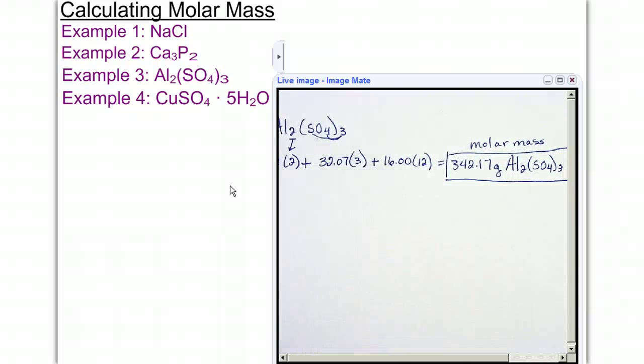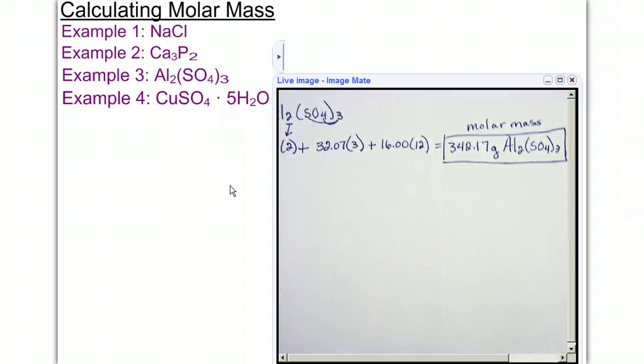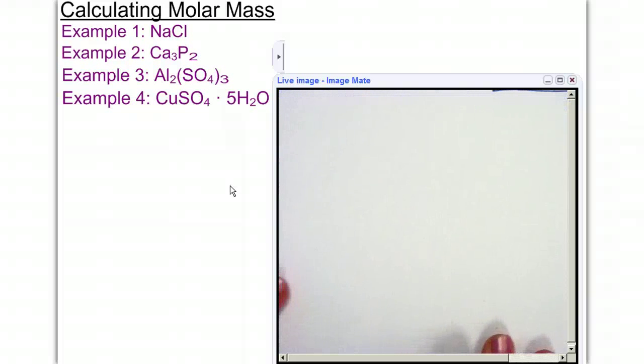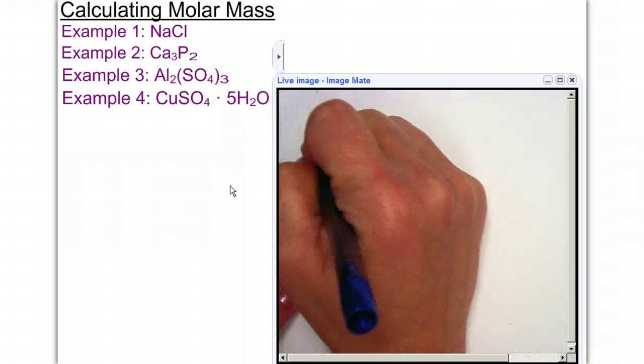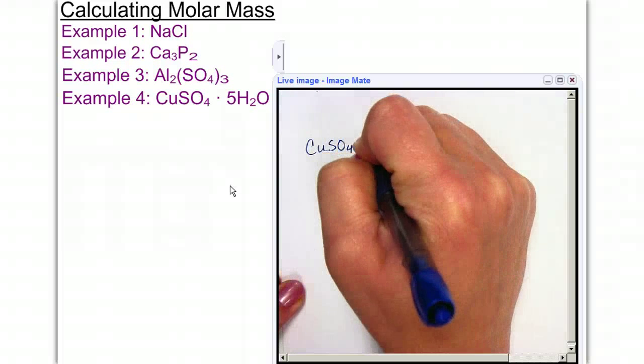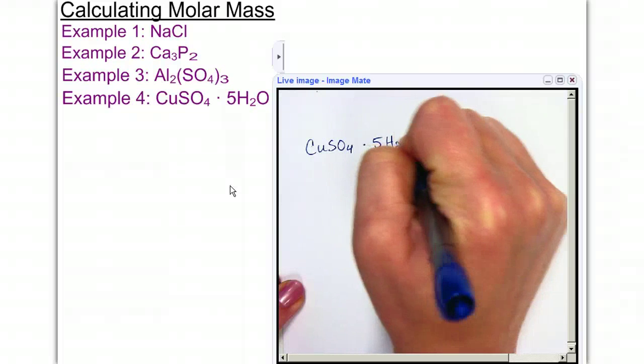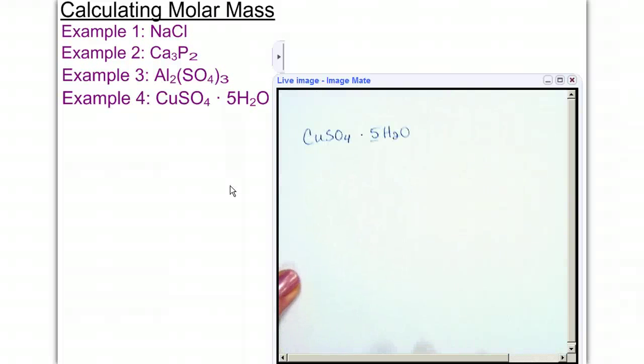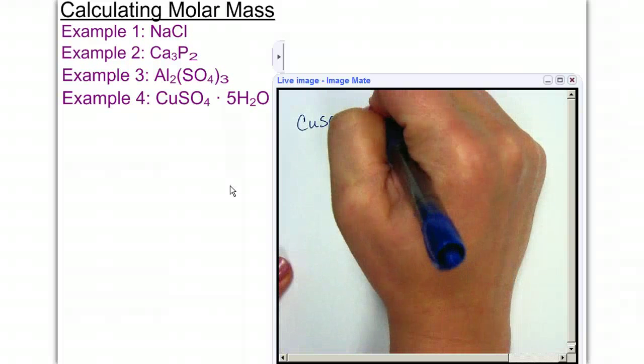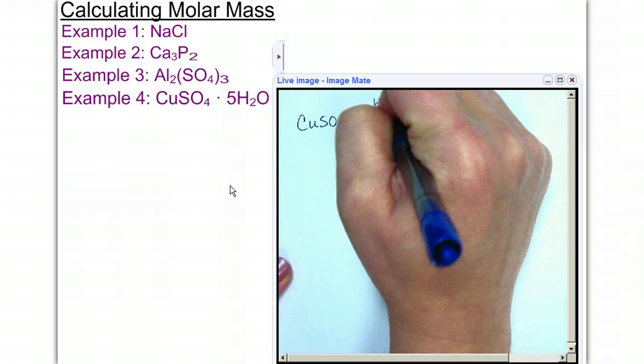All right, last example, example number 4 is going to be copper 2 sulfate pentahydrate. The prefix for 5 is penta, and when we have a water there, we call it a hydrate.